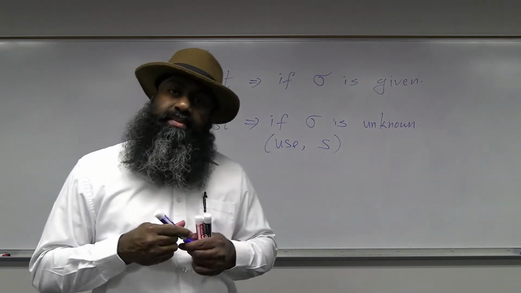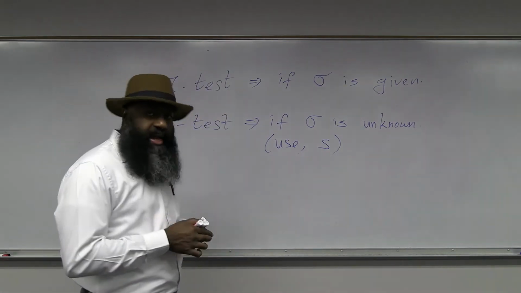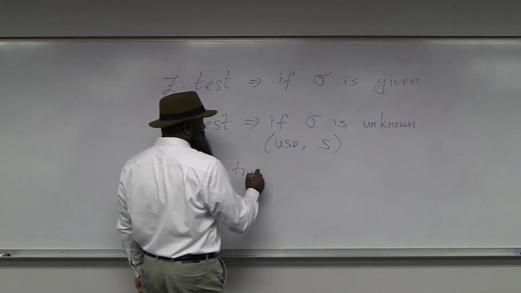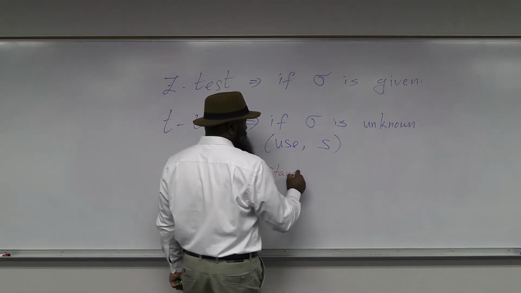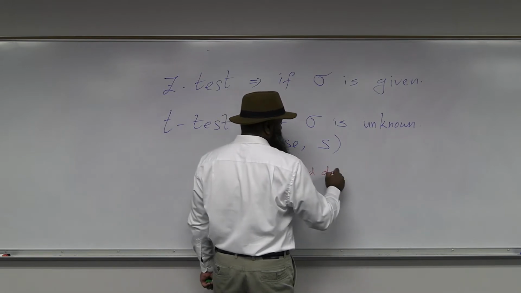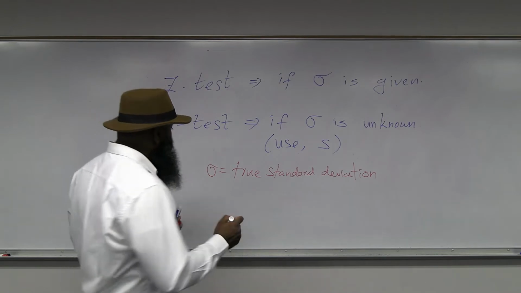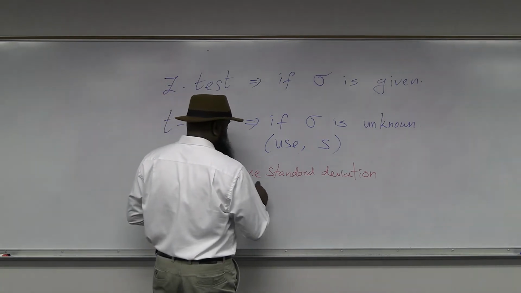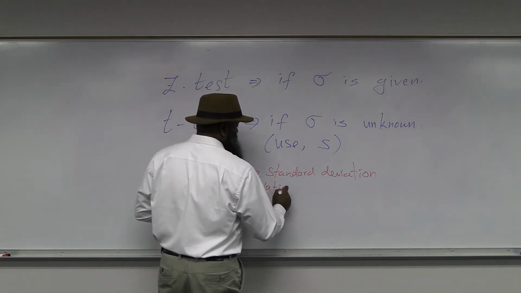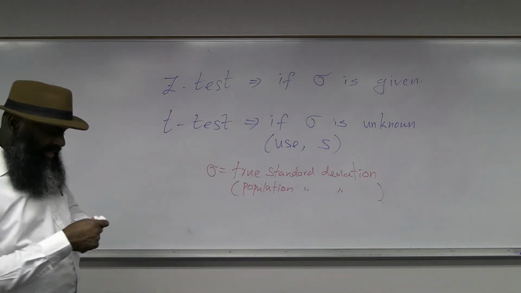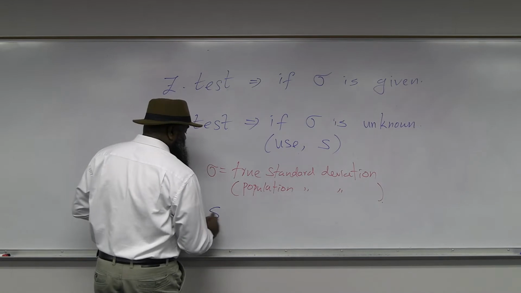What is S? Sigma is the true standard deviation, also called the population standard deviation. And S is the sample standard deviation.